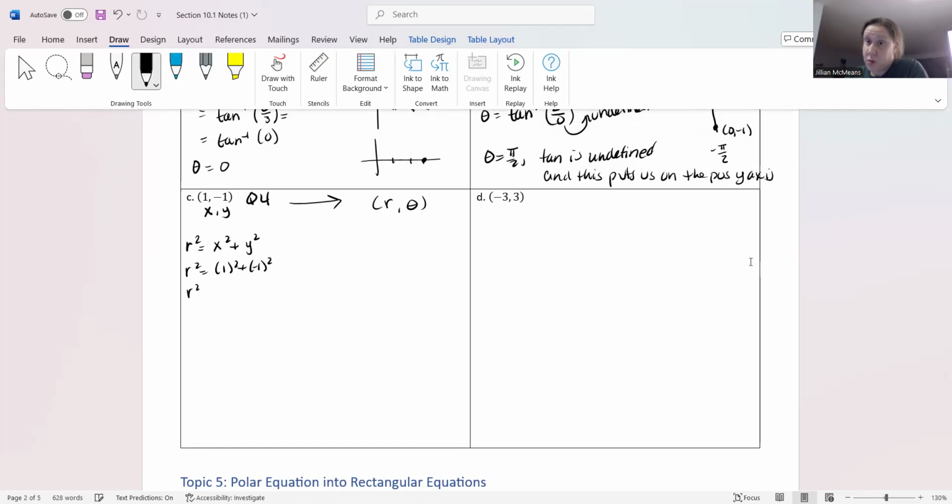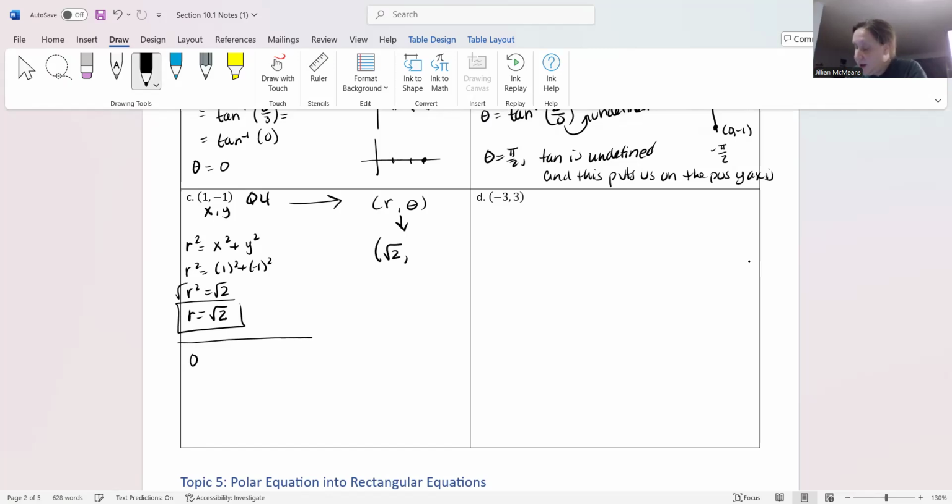Well, 1 squared is just 1. Negative 1 squared is just 1. 1 plus 1 is 2. So if we take the square root of each side and let's keep r positive, we get that r is the square root of 2. Okay, so we can go ahead and say, hey, this polar coordinate point is going to have root 2 as its value for r. Okay?